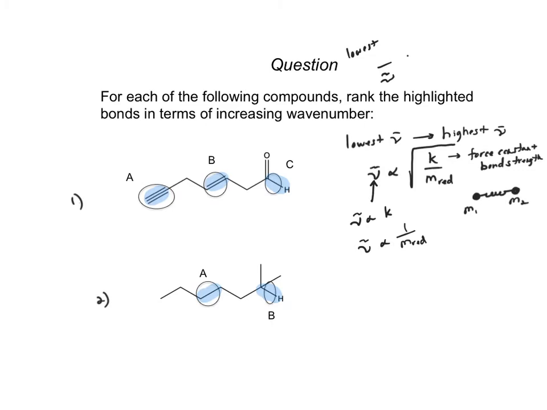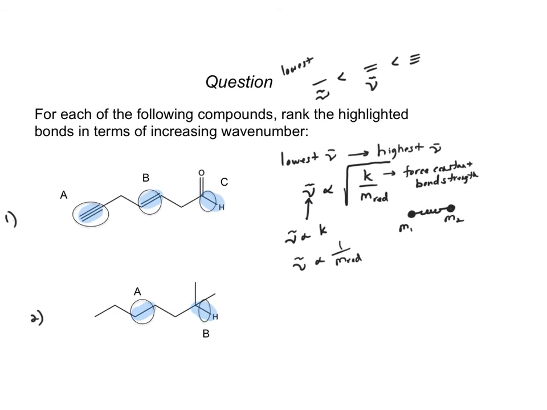Then we're going to find double bonds at the second-ish, and then we're going to find triple bonds, right? But those are all going to be usurped by anything attached to hydrogen. Because again, bond strength is a big indicator of the frequency at which we absorb light, but so is reduced mass. Because hydrogen is so light, reduced mass is going to be really small, and so the frequency at which we absorb light is going to be very large, okay?